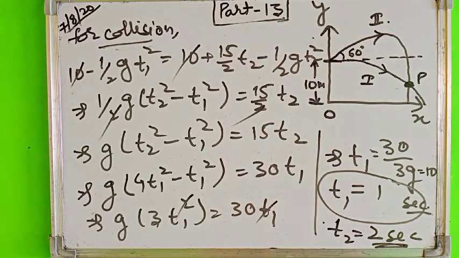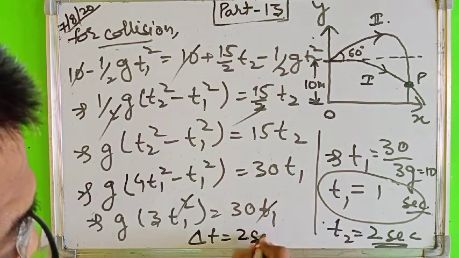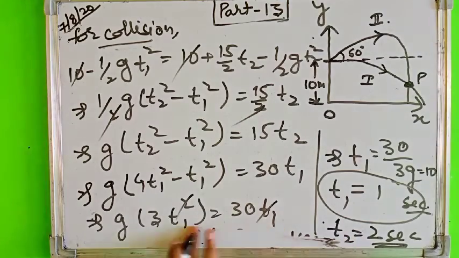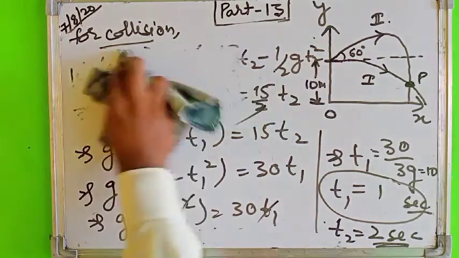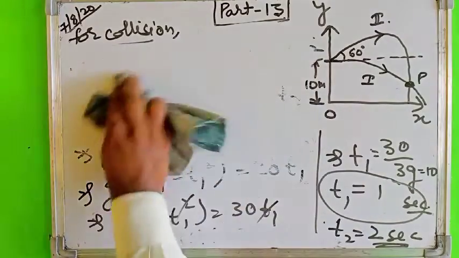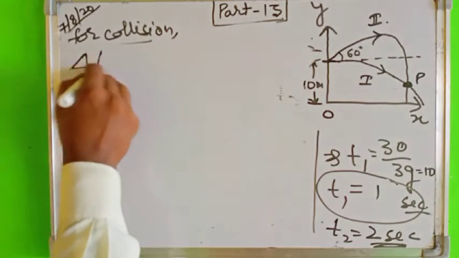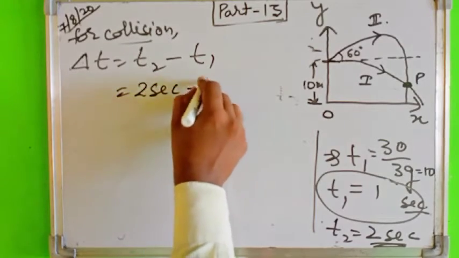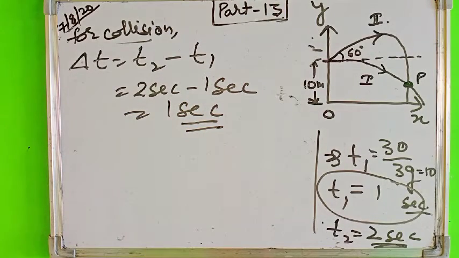So the time interval delta t is equal to T2 minus T1, that is 2 seconds minus 1 second, that is equal to 1 second. Delta t is equal to 1 second.